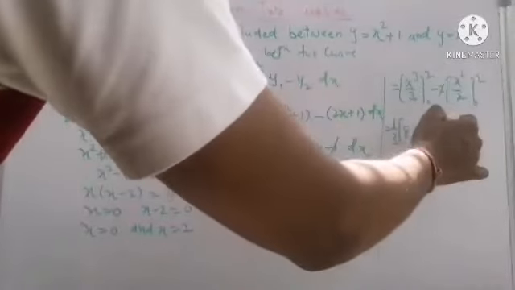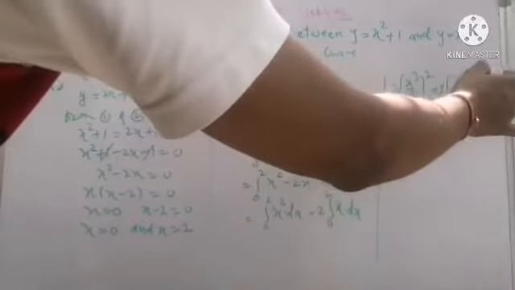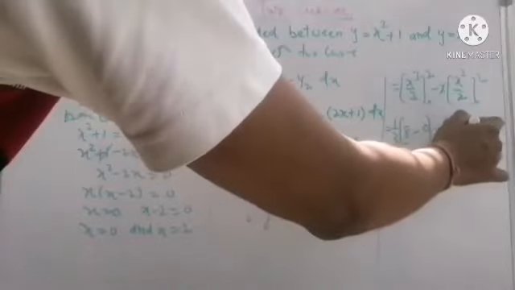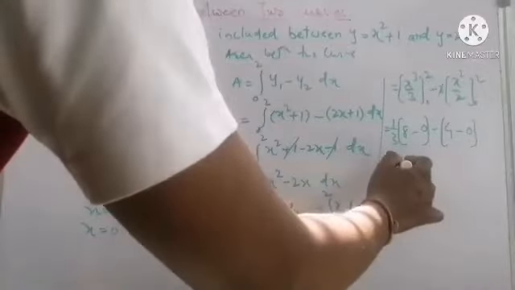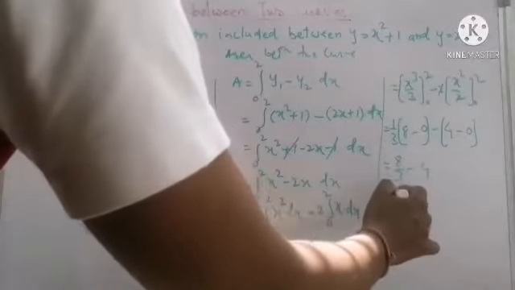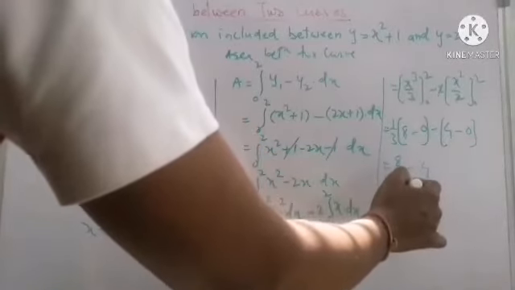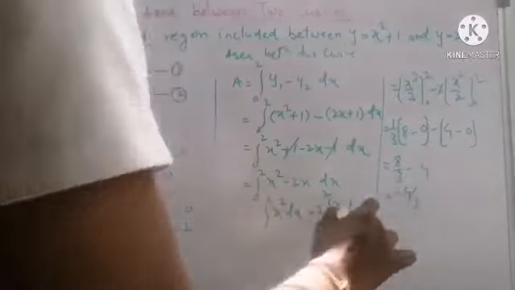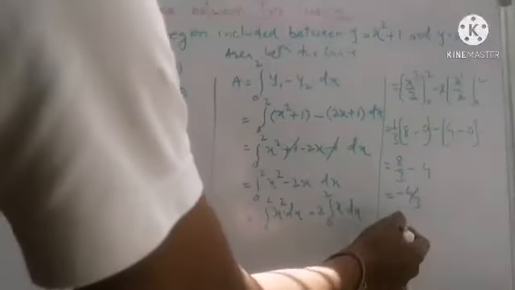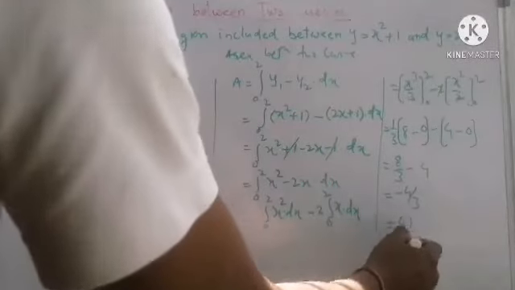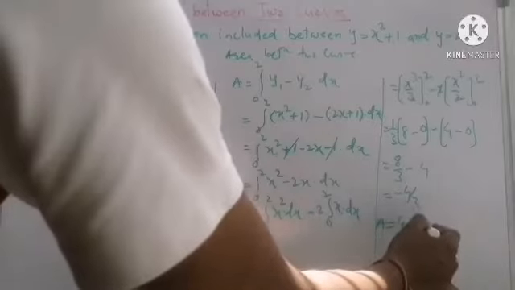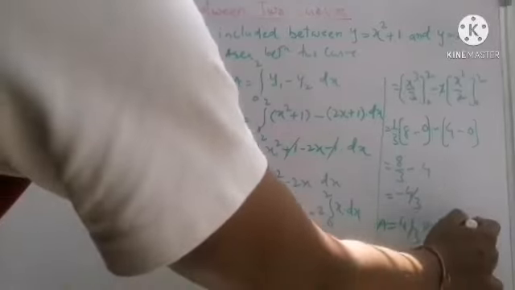As 2 gets cancelled, we get the upper value 2 square, which is 4, minus the lower value, which is again 0. So 8 by 3 minus 4. For simplifying this, 3 into 4 is 12, 8 minus 12 is minus 4 by 3, which is our answer. But we know the area is always positive, so we get A is equal to 4 by 3 square units.